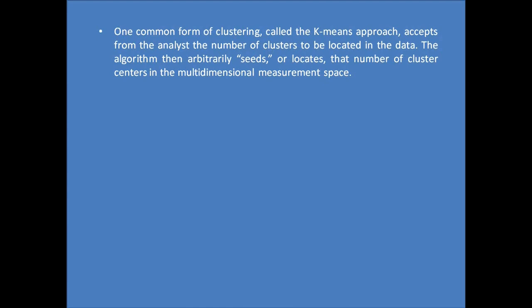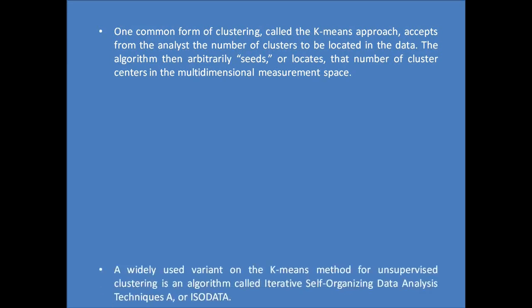One common form of clustering, called the k-means approach, accepts from the analyst the number of clusters to be located in the data. The algorithm then arbitrarily seeds or locates that number of cluster centers in the multidimensional measurement space.